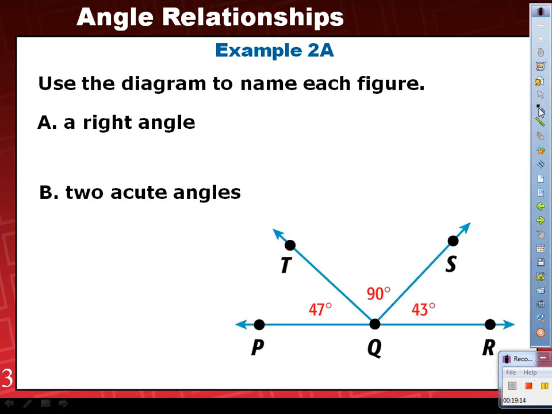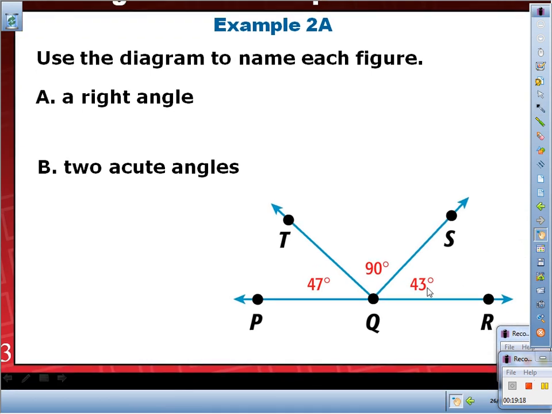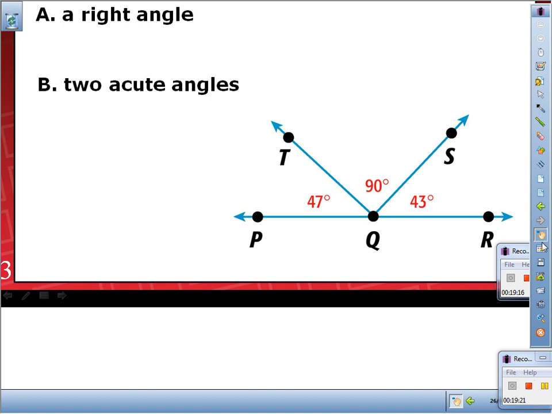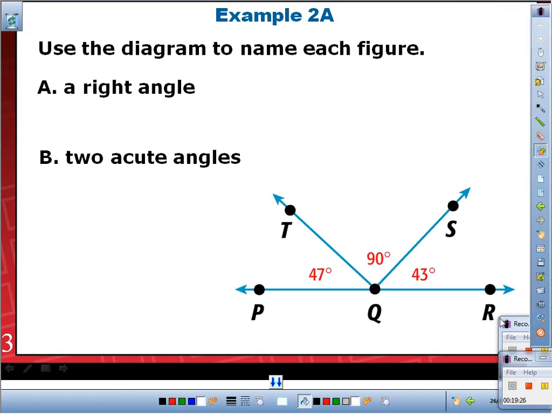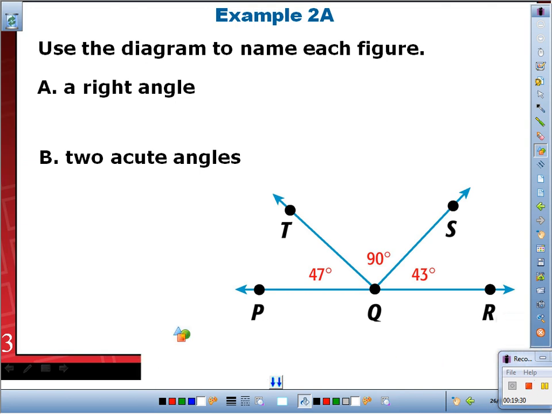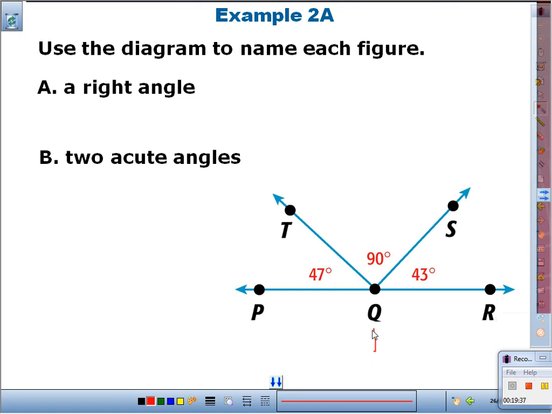Example 2A. As you're copying the diagram, in the diagram I want you to point to the letter Q, and that letter Q is known as the vertex, because that's where all the angles begin.